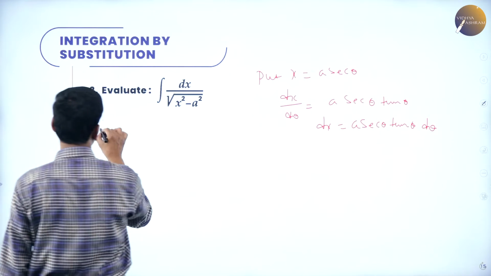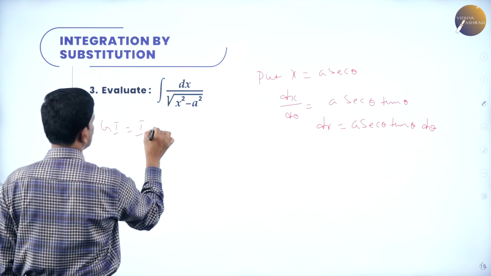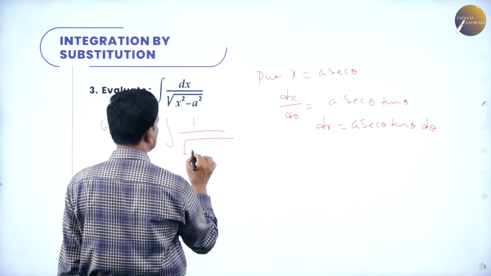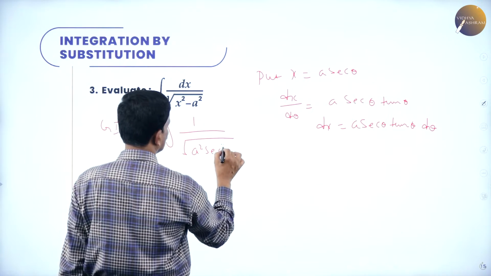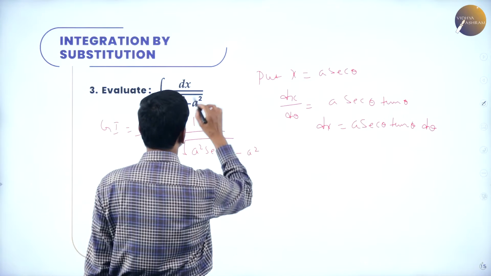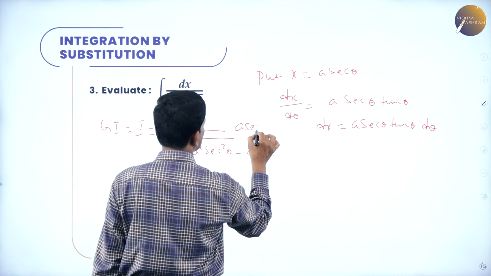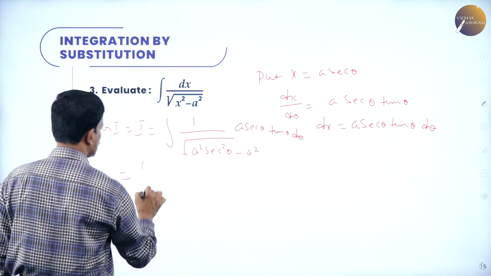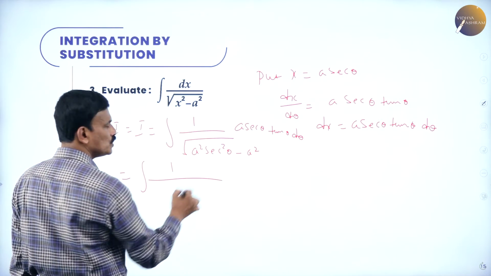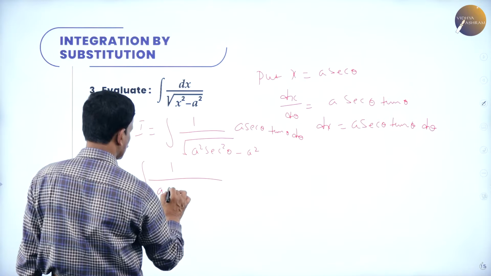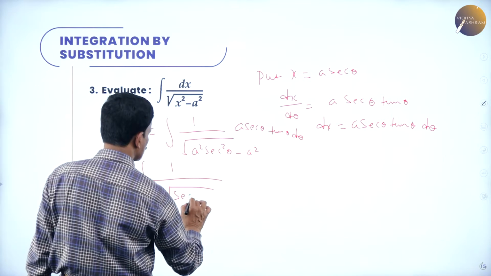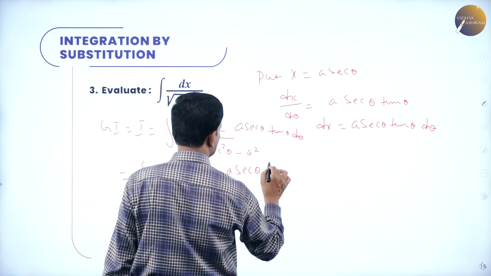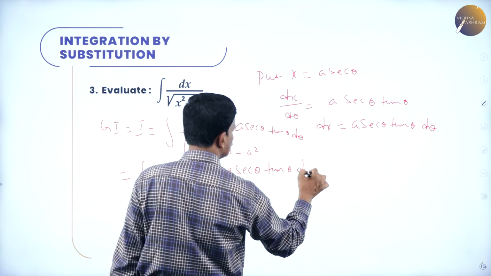So this given integral becomes I is equal to integral 1 over root of x square, which is nothing but a square secant square theta minus a square, into dx. dx is equal to a secant theta tan theta into d theta. So this can be written as 1 over, you can take root of a square common factor, root of a square is a, into secant square theta minus 1, into a secant theta tan theta d theta.